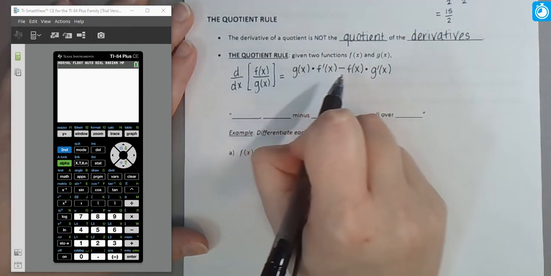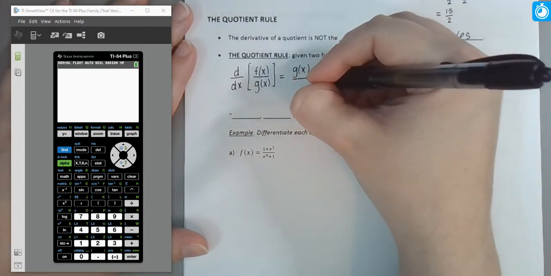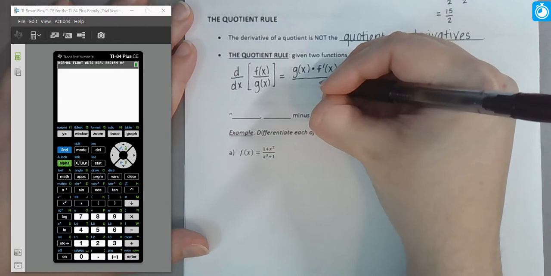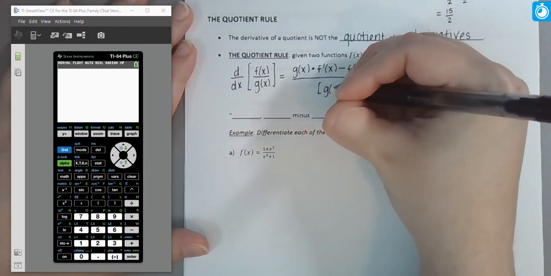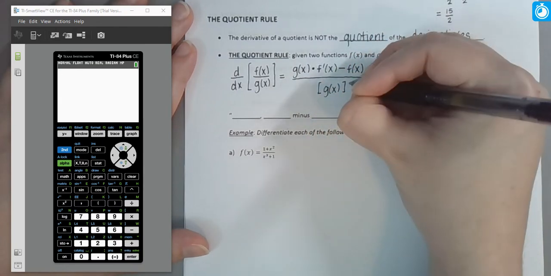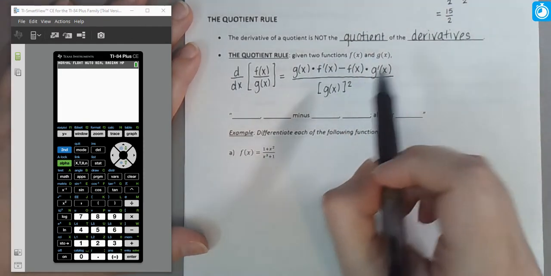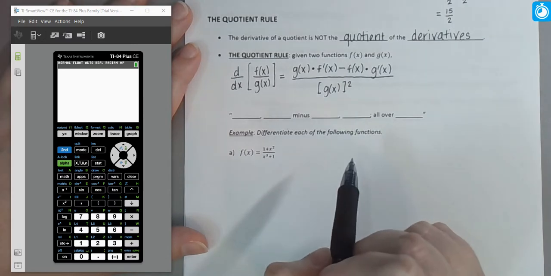And then we're also going to have a denominator, so all of this is divided by the lower function, what we're calling g of x, squared. So far and away, this is the most complicated formula we have.